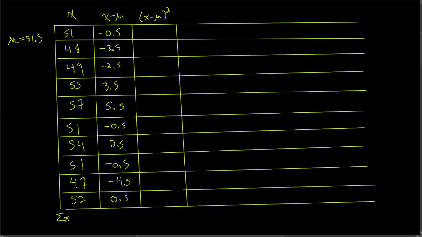I'm typing in negative 0.5 squared, and I get 0.25. Remember, squaring a negative number becomes positive. So we get 0.25. Negative 3.5 squared is 12.25.